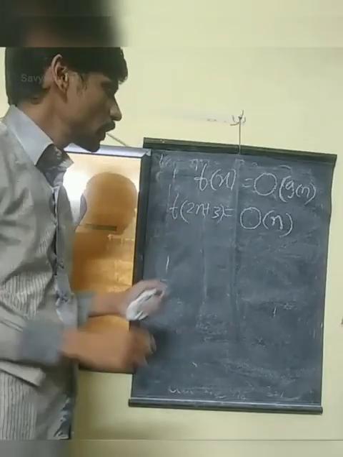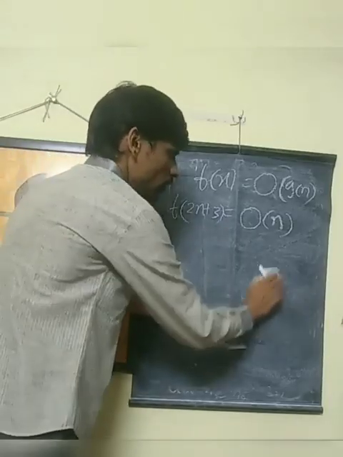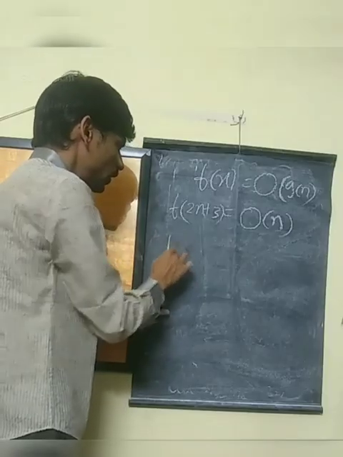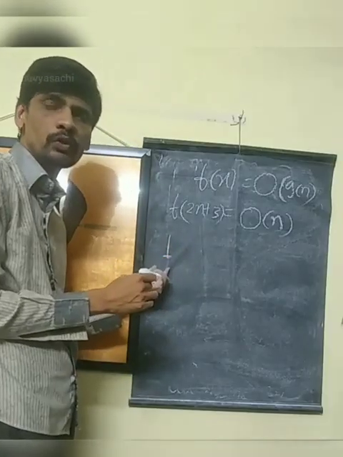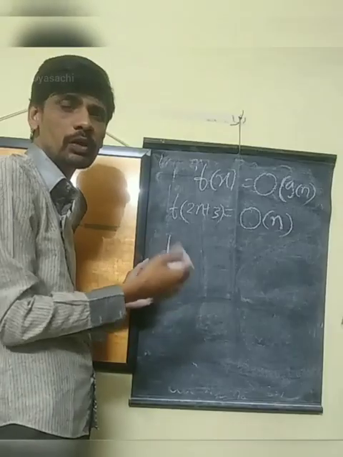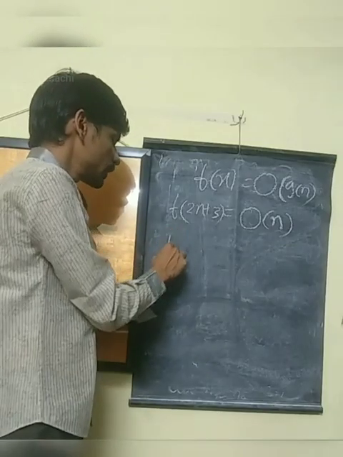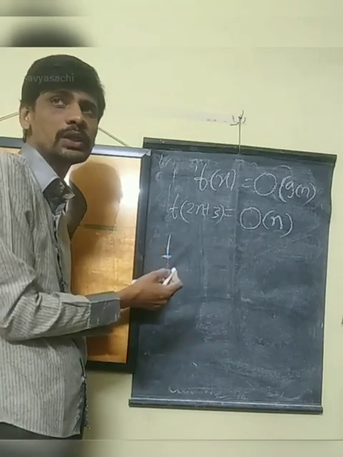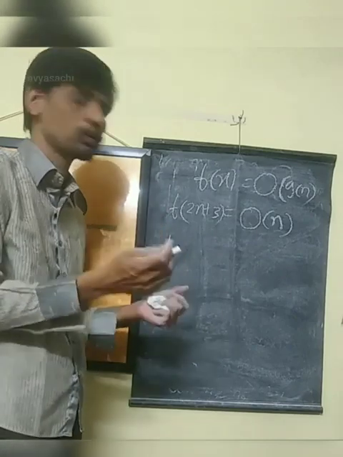Okay, now we know 1 is a constant time. If your program takes constant time irrespective of your input, we write this as 1; constant time is required to execute your program.